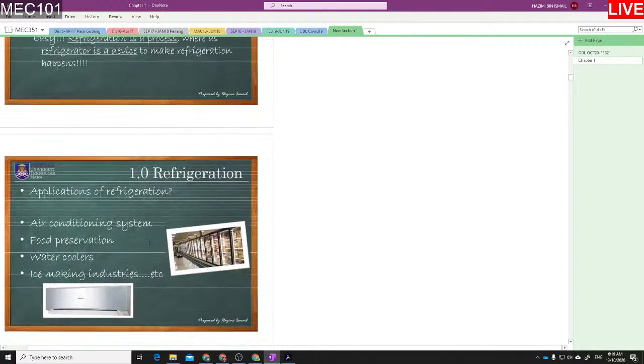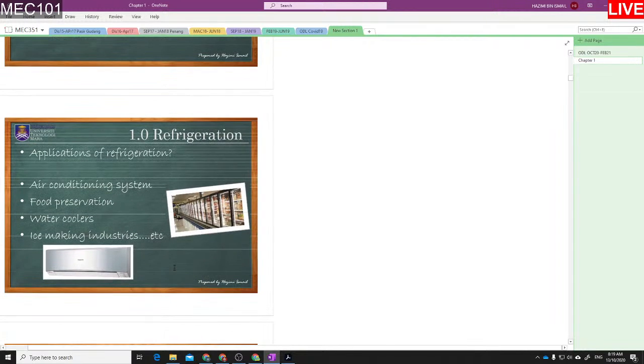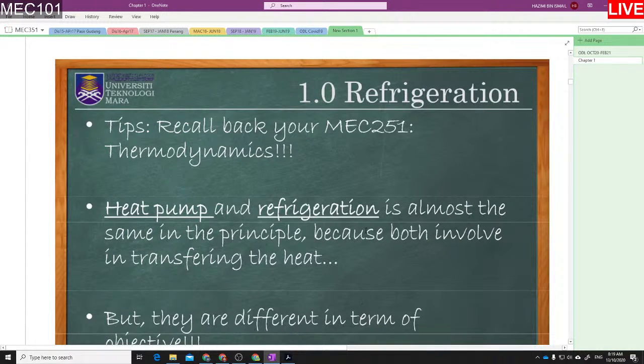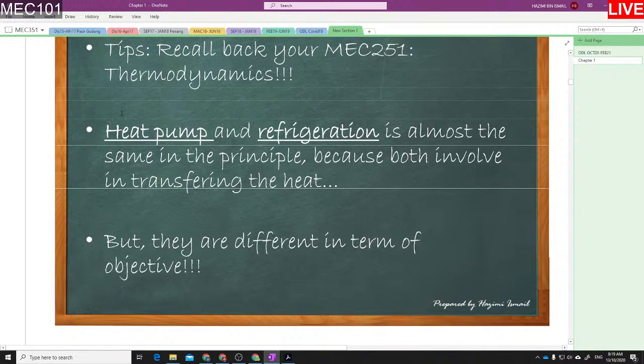with our slide. Application of refrigeration: you may see it in air conditioning systems, food preservation, water coolers, ice making industries, etc. Heat pump and refrigeration are almost the same in principle. In Malaysia, because the climate is very hot all year long, we don't need the heat pump.